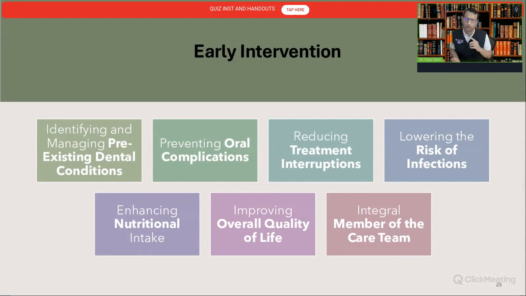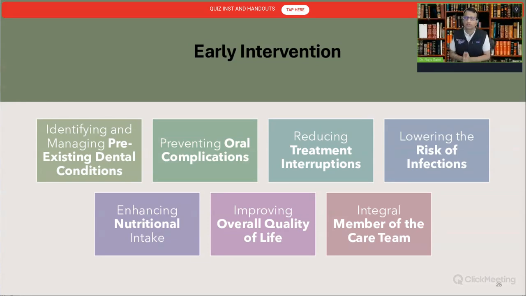So first of all, and most important, is identifying and managing pre-existing dental conditions even before the patient starts their active cancer treatment. It will definitely prevent a lot of oral complications that the patient has to deal with, whether it is radiation caries, dry mouth, metallic taste, and so many other things, because those complications make it very difficult to handle any active dental treatment if the patient has not been given proper oral care before the start of cancer treatment.